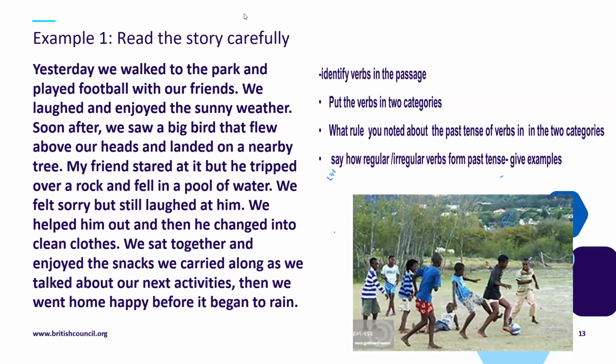Now go through the verbs that you have just identified. What pattern do you see in verbs in category 1? And what is the pattern in verbs in category 2? Briefly again in the chat box. Category 1 and category 2, what is the pattern?